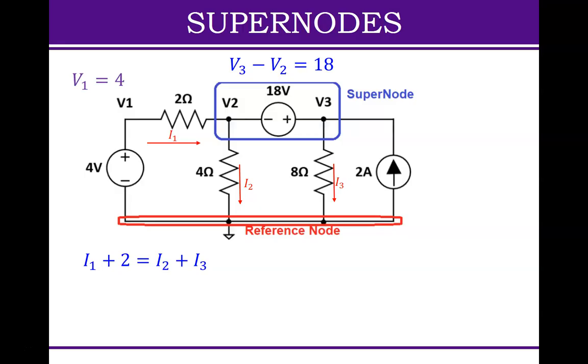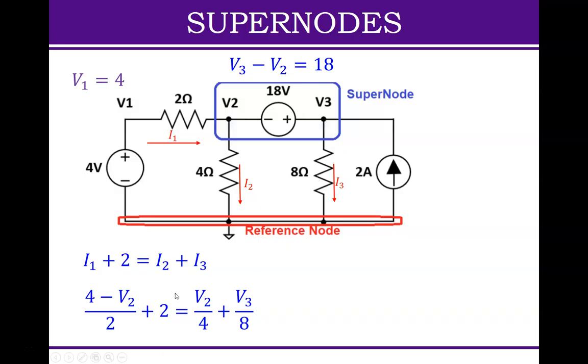So 4 volts minus V2 divided by the resistor there, which is 2 ohms. So I1 is (4 minus V2) divided by 2. Similarly, I2 right here is (V2 minus 0) divided by 4, and I3 right here is (V3 minus 0) divided by 8. So that's what we have right here.